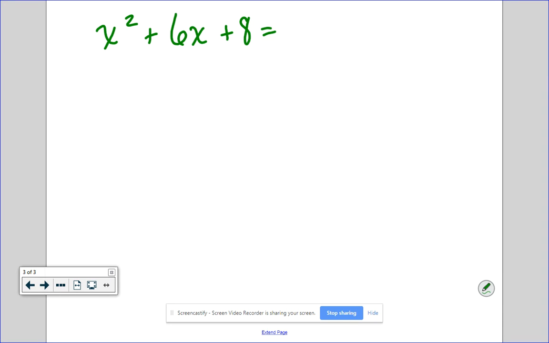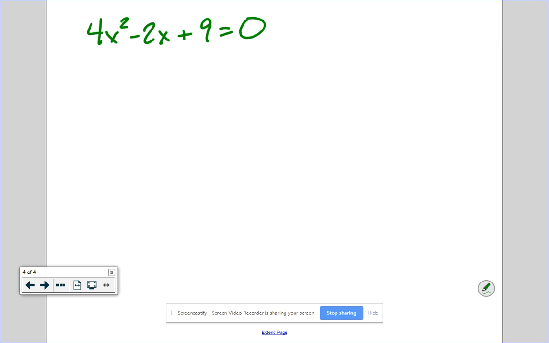What problem are you doing? He wants an example for completing the square. All right. 3. I get stuck because the negatives are under the, so. Yes. Yeah.